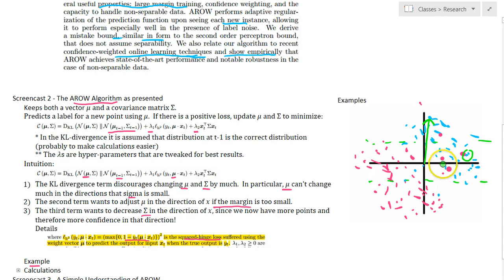And let's also say that for now, I'm going to call this sigma. Really sigma is a covariance matrix, but I'm just going to show that so far it's the same in all directions and it's fairly large. And this vector is my mu. And so since my margin wasn't big enough, I'm going to do an update. And so far, since the covariance is the same in every direction, we're just going to do an update in that direction.